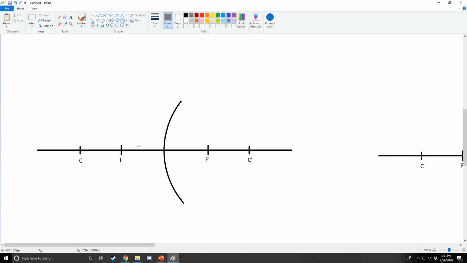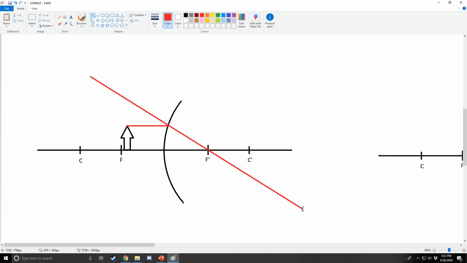So here, I'm just going to make a random image. Doesn't matter where I really place it. And what we're going to do is we're still going to have the first line, which is parallel to the principal axis, and then it's going to reflect, and it's going to reflect as if it was going through the focal point like that.